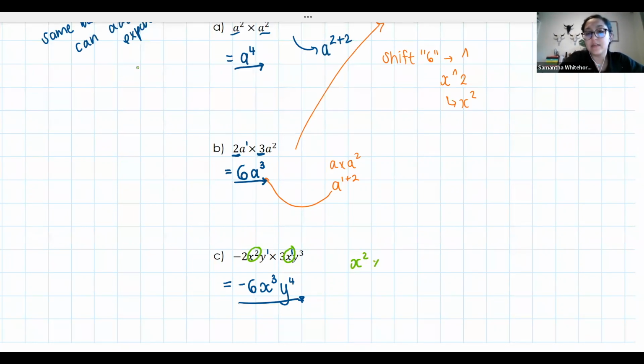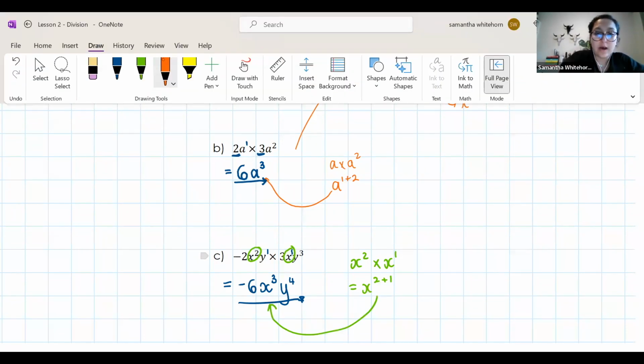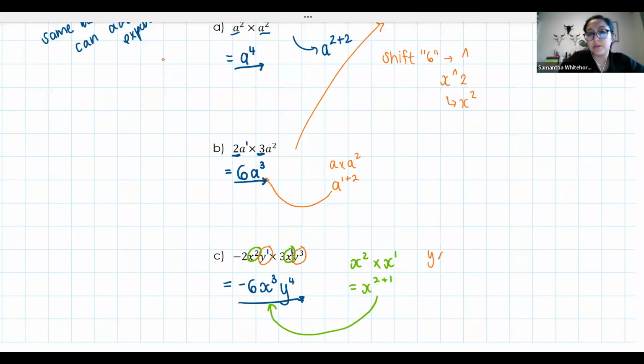X squared times x to the power 1, we add those exponents. That's why Shana gave us x to the power 3. Then for y, I've got y times y cubed, and by adding those exponents, I end up with y to the power 4.